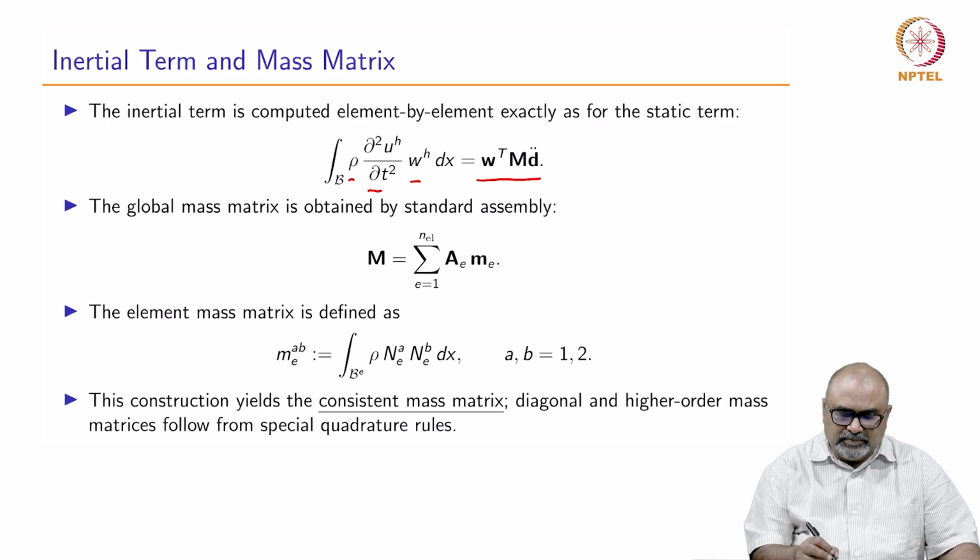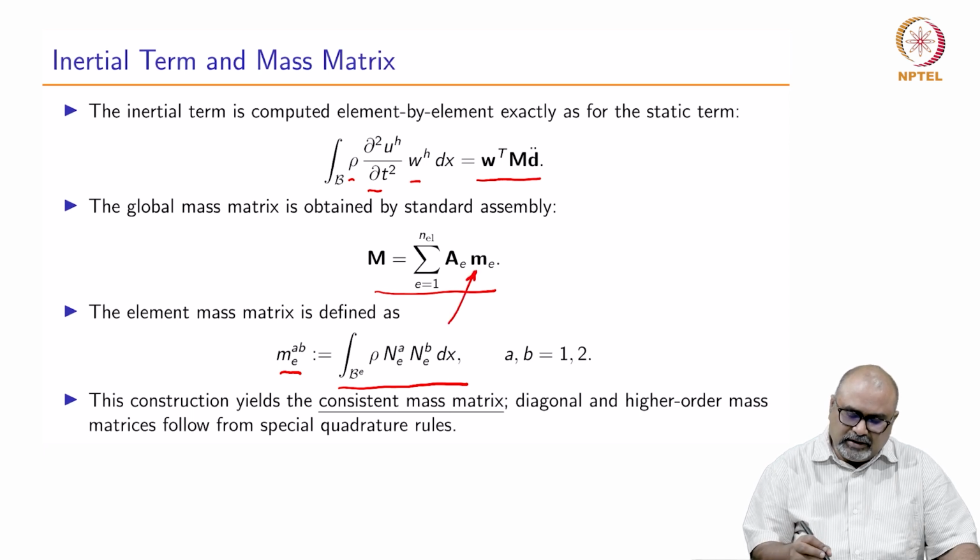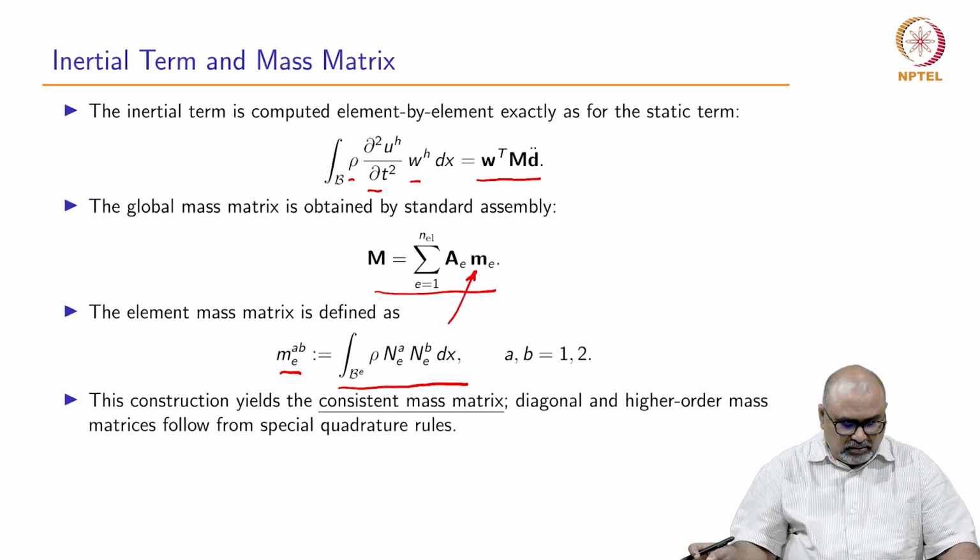The global mass matrix is obtained by the standard assembly procedure, where individual mass matrices are denoted as M^e_AB, which is rho times N transpose times N into dx. This is called the consistent mass matrix. Using the consistent mass matrix in this expression, we can assemble to get the global mass matrix.